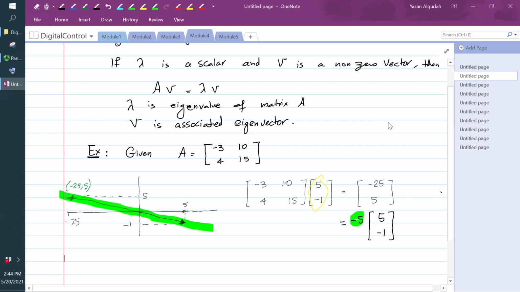We said the eigenvector is a vector such that if I multiply the matrix by that vector to transform it, the new vector is going to be aligned along the same direction as the original vector. If that is the case, then that vector is considered an eigenvector, and the scaling that vector goes through after I multiply it by the matrix is going to be my eigenvalue.